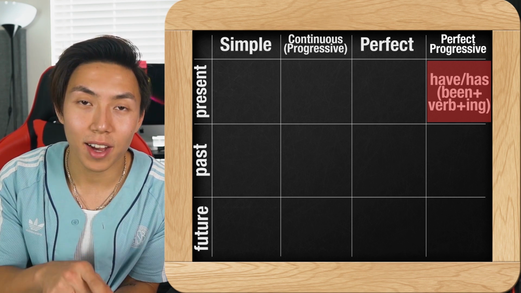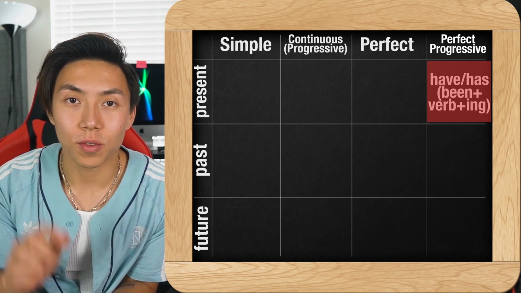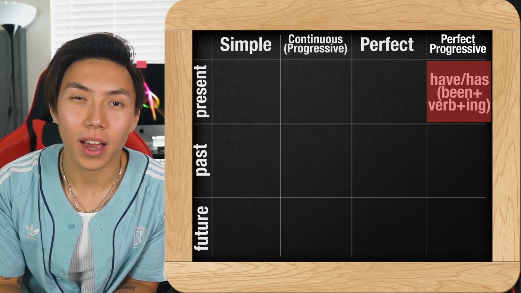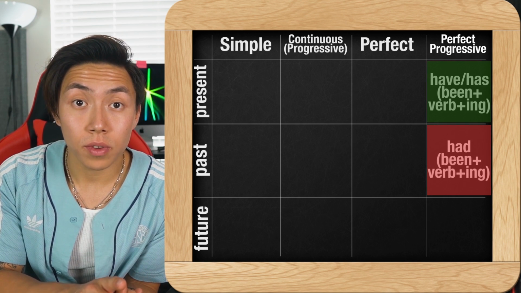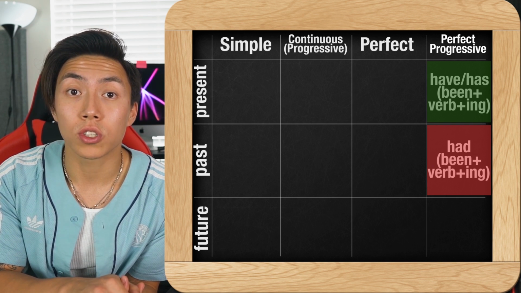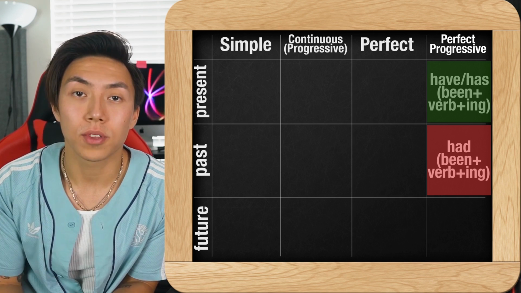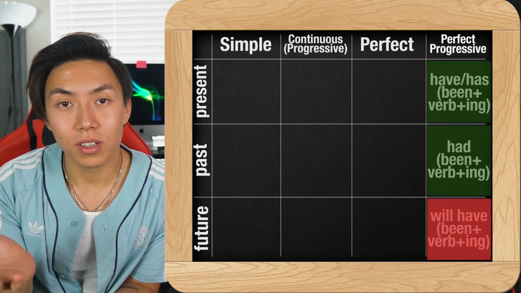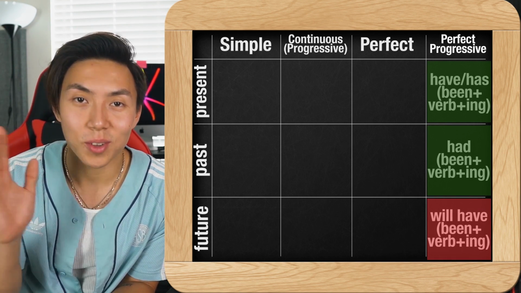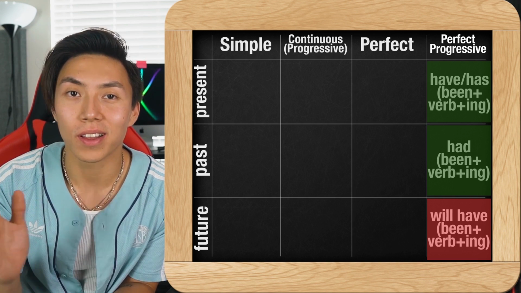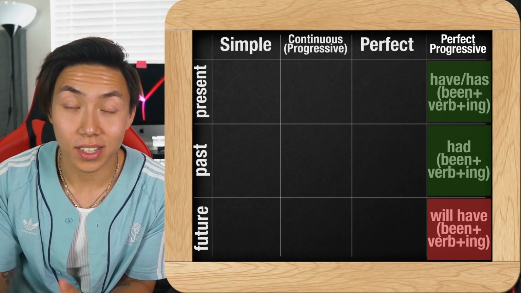So it's gonna be have been and your verb with ing added to it. For the past progressive, it stays pretty much the same. You just have to change have to had to indicate the past. And for the future, it's the same as present. You just add will in front of it. I will have been learning to indicate the future.